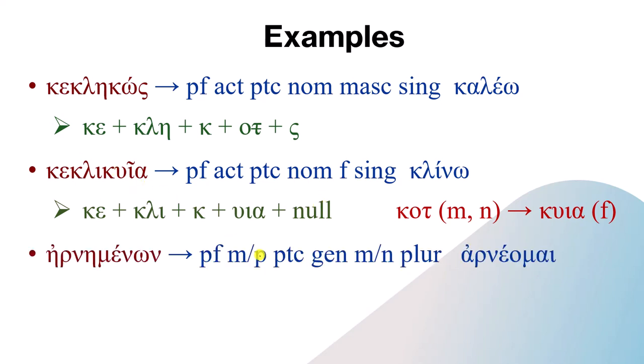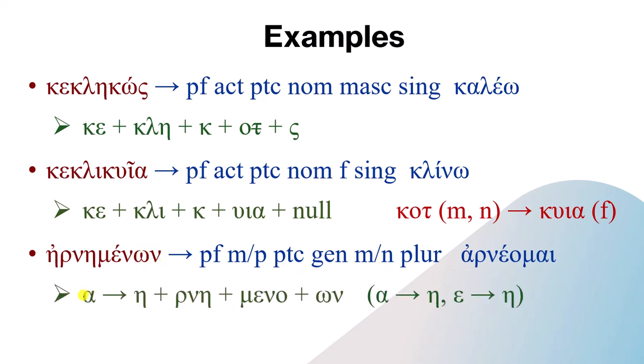Our next example is ἠρνημένων. This comes from ἀρνέομαι, which is to deny. The alpha is being lengthened here, and we see the μεν, which is our signal that we're looking at a middle, possibly middle passive. If it's perfect, it's middle passive. So we have a perfect middle passive participle, and then our ending here, since it's a middle passive, we're going to be looking at second declension, and this is going to be a genitive plural, either masculine or neuter.